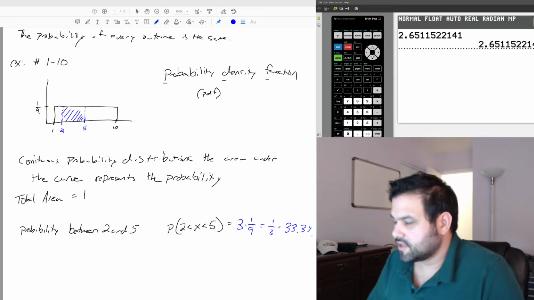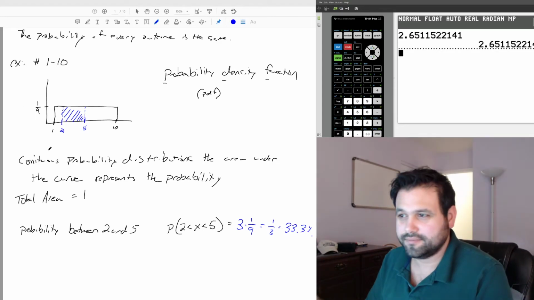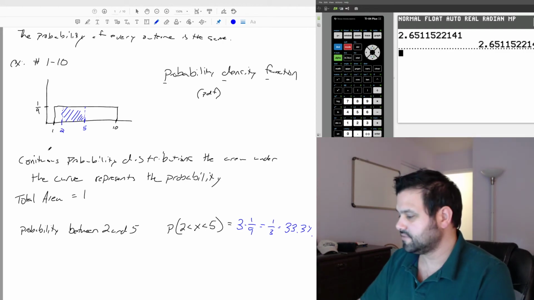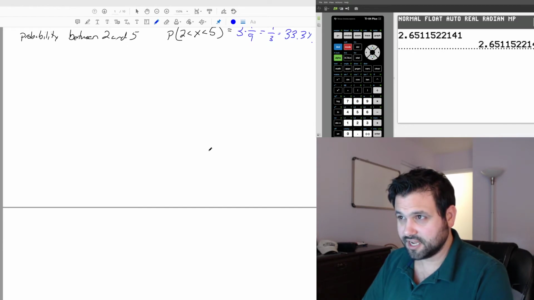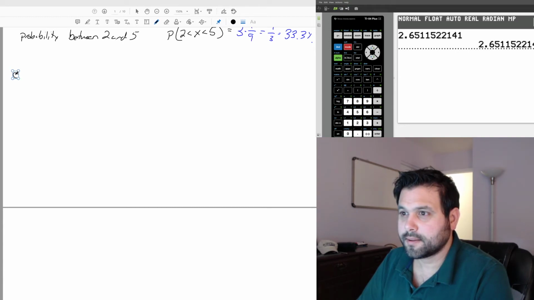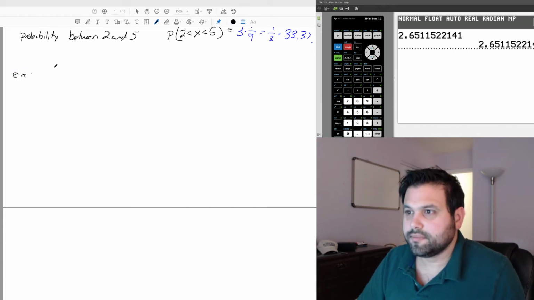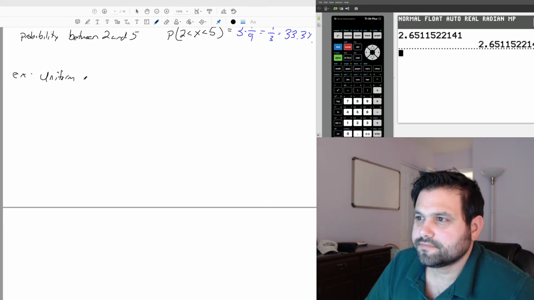So I suggest drawing it just because I think visually it's easy to see it. That would be my suggestion to you. So for example, let's try, we have a uniform distribution.